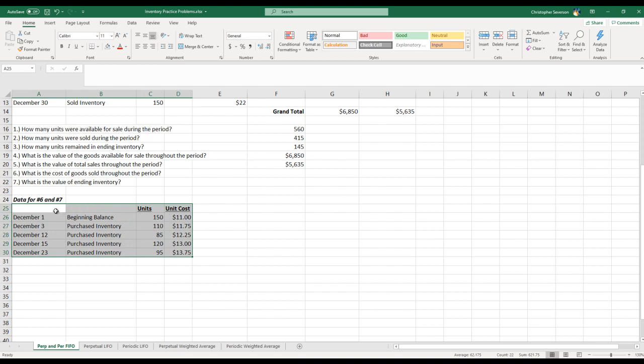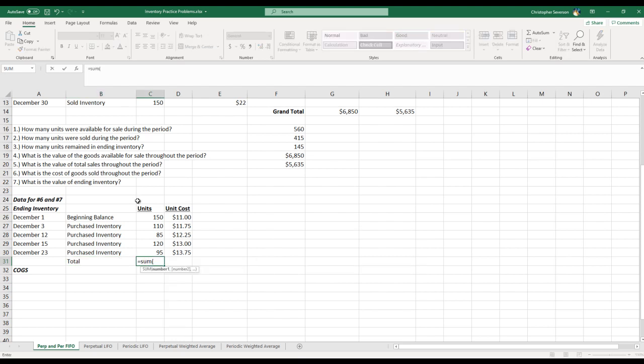So we're going to take this, and really this is more for number 7. I'm going to call this, in the end, we're going to get the ending inventory. It's not going to be ending inventory right away, but we're eventually going to be moving that over to cost of goods sold. I'll get a total here as well for both the unit count as well as the value.